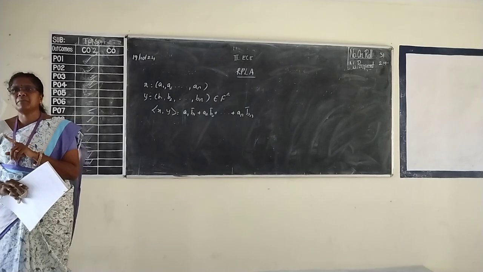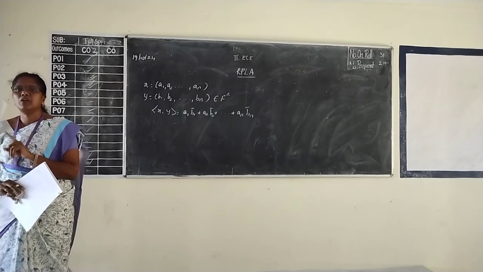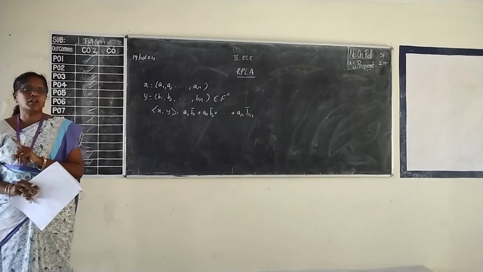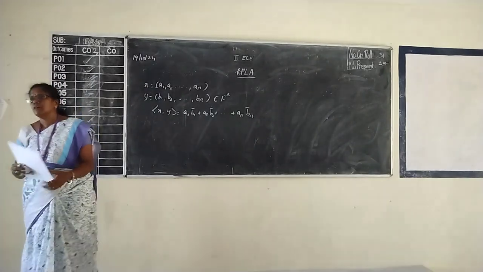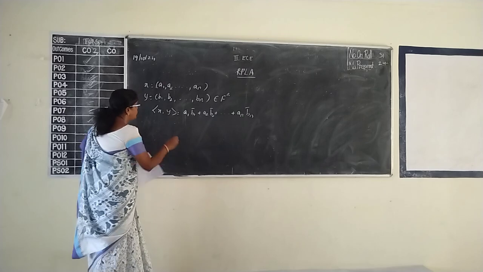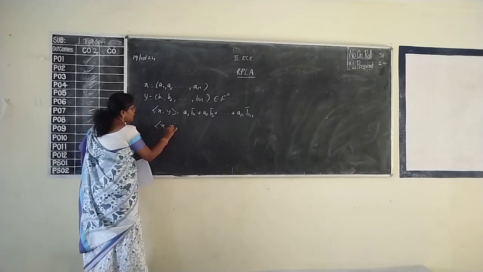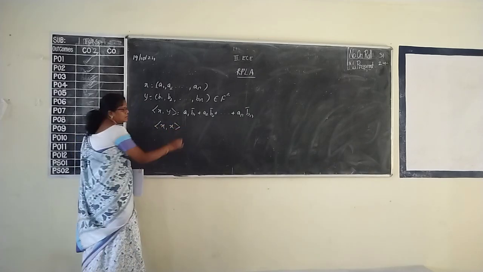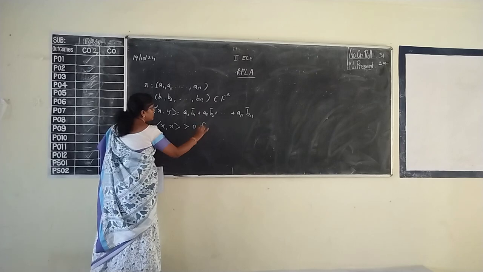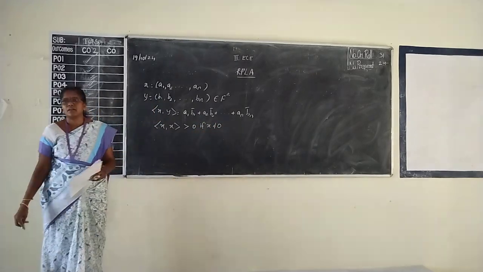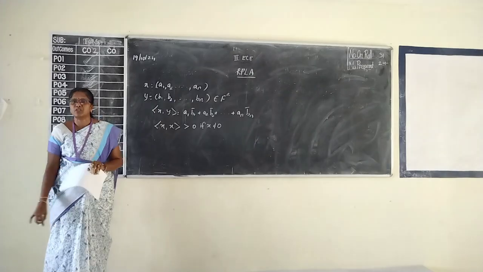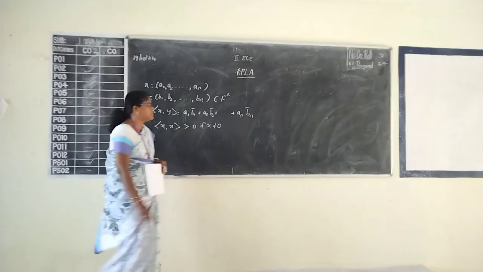Inner product of x comma x is greater than 0 if x is not equal to 0. We are going to prove that. First one to prove: inner product of x comma x is greater than 0 if x is not equal to 0. We have to prove that it is going to be positive. So start with the proof.